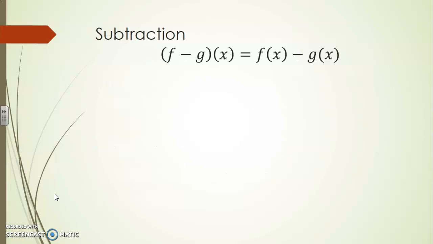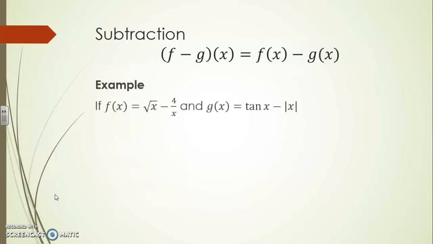Similarly, when it comes to subtraction, the function f minus g is obtained by subtracting f's result on x and g's application to x. For instance, root of x minus 4 over x is what we've labeled as f, and tan of x minus the absolute value of x has been defined as function g of x.